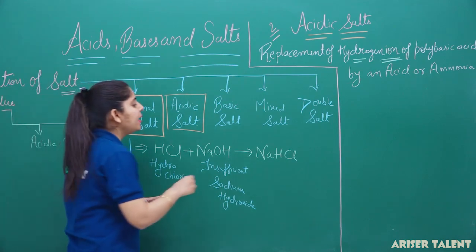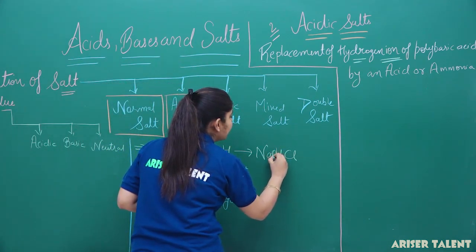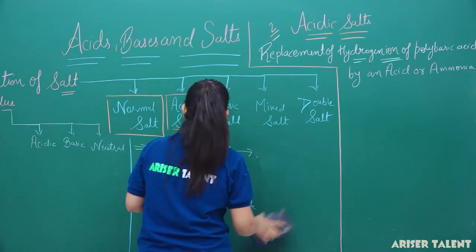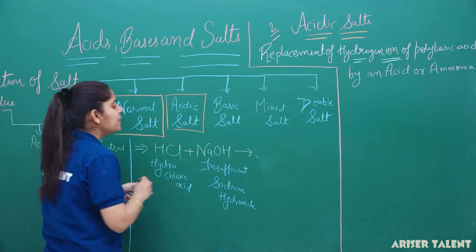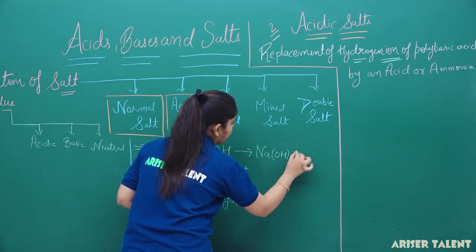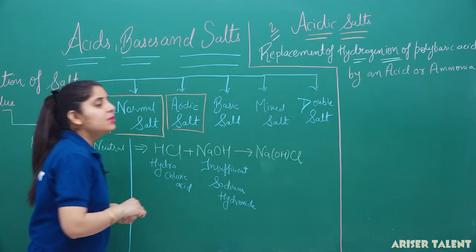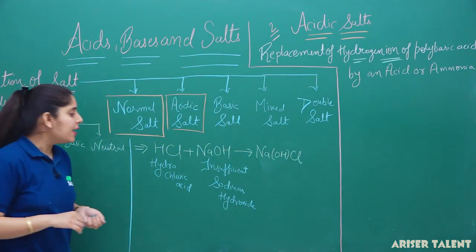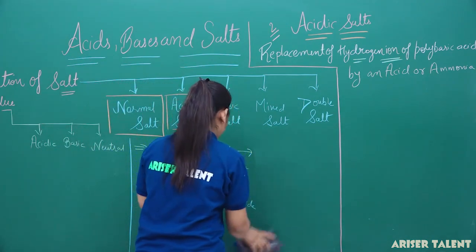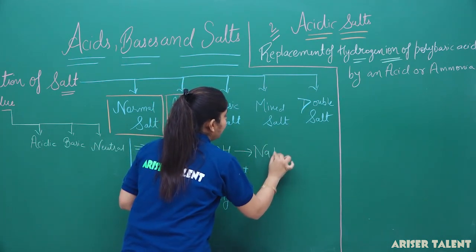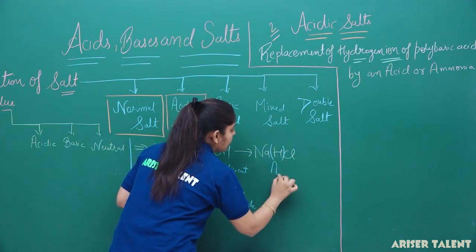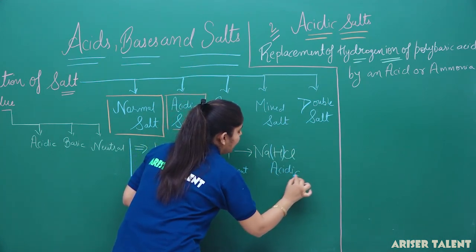It means we have one hydrogen ion left in this reaction. HCl in the presence of insufficient NaOH will give NaHCl. Now this will be our acidic salt because we have taken insufficient hydroxide.